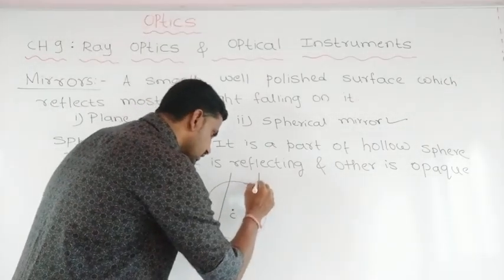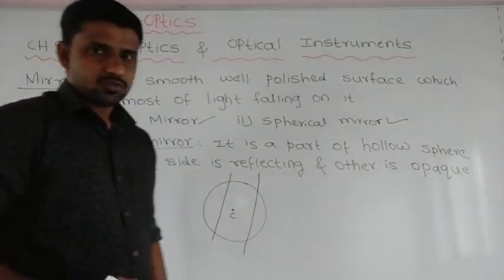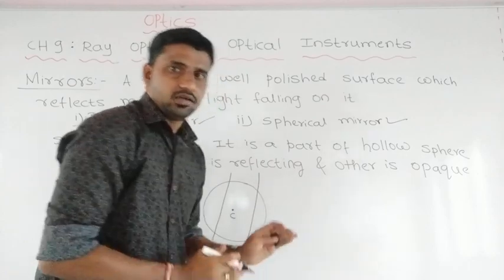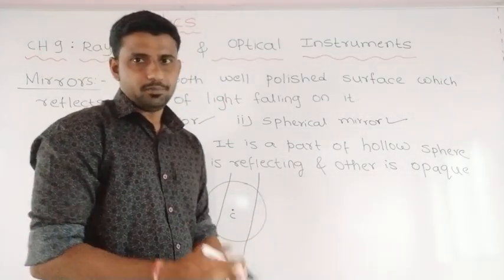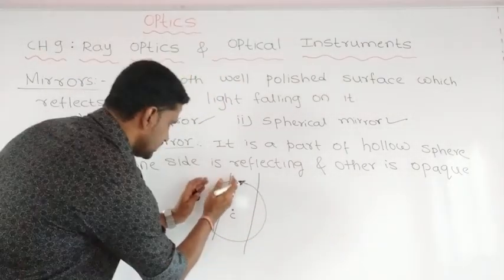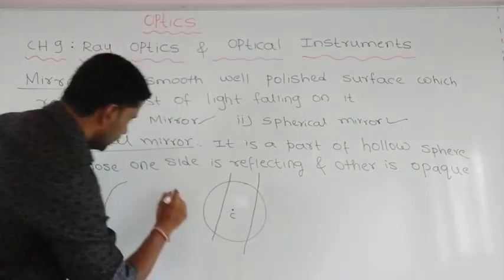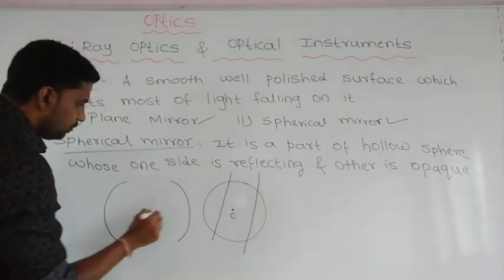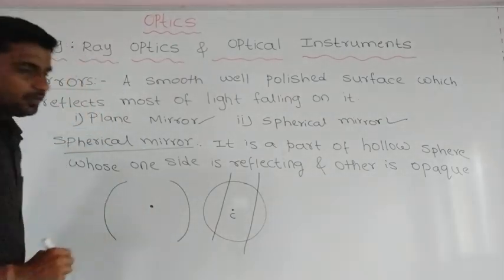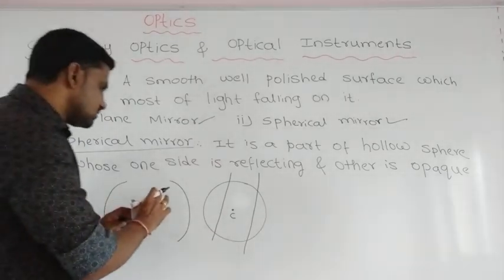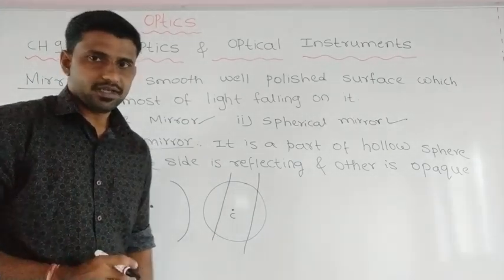Similarly, if I take another part of the hollow sphere, then this part is considered another spherical mirror. If I take this part, I will get it like this. If I take another part, I will get it like this. And both have a common center. Understood? That type of mirror is called a spherical mirror.